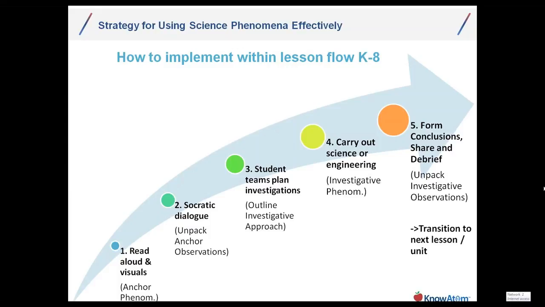Now, the way that works in the classroom is, how to implement that within a lesson flow, K to 8. This is one example of a lesson. Now, when we talk about a lesson, it is a group of experiences, and they are deliberate practice. They are deliberate, thoughtful experiences that come together in the following way.